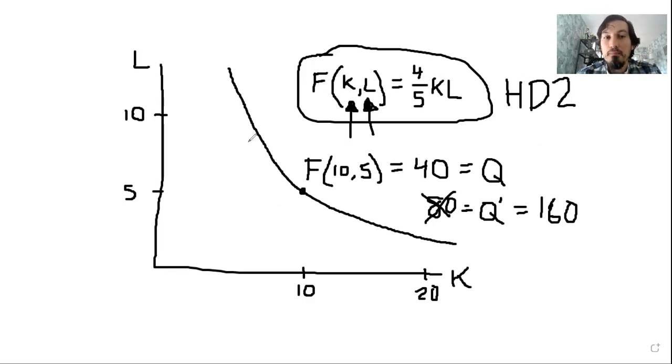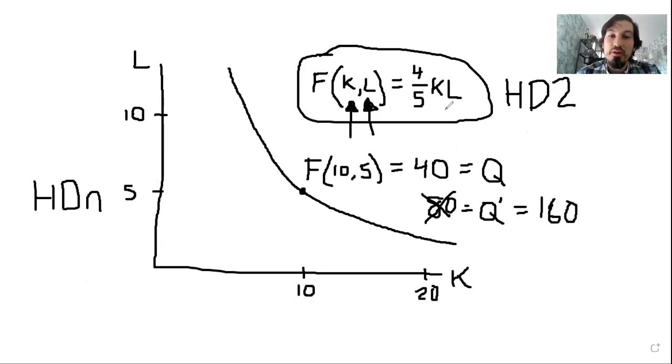Okay, and in general, homogeneous of degree n, where n is some number, n is the exponent of the constant you'd have to multiply the outputs by, the same constant that you multiply the inputs with.